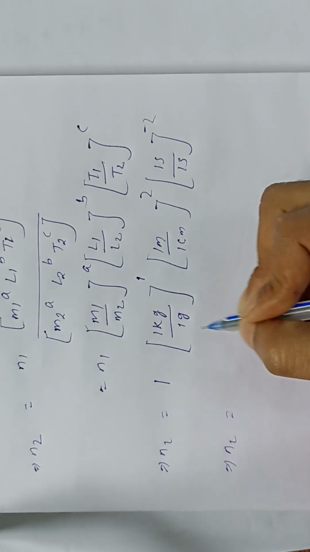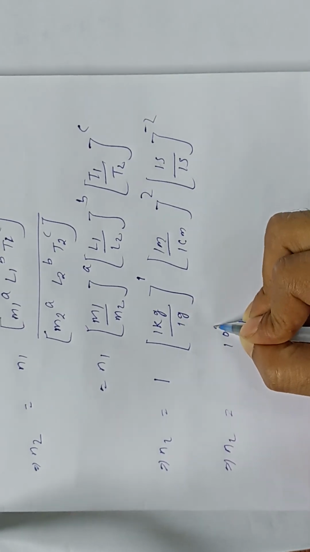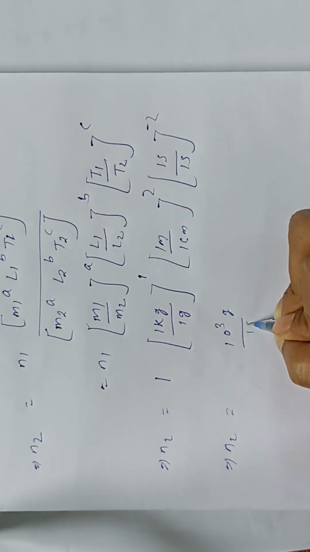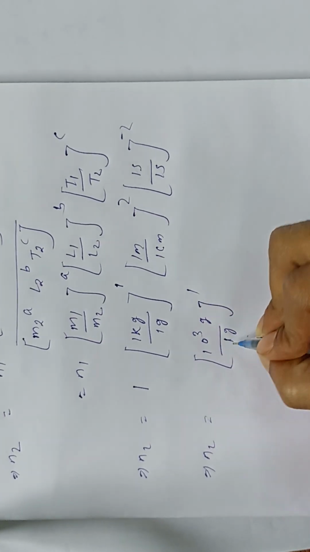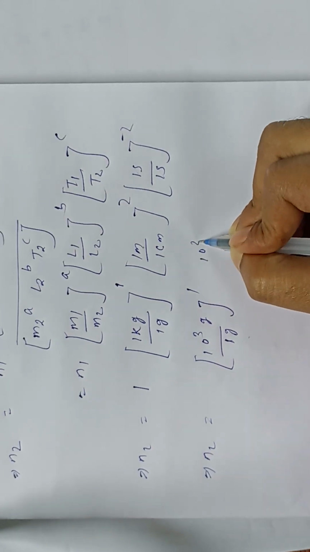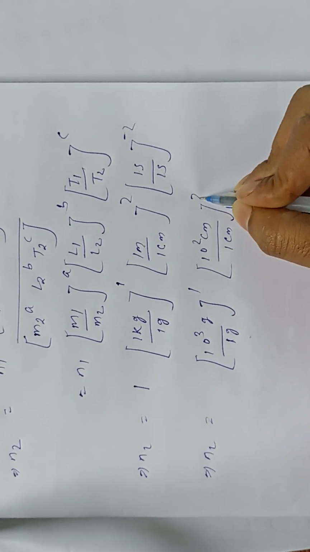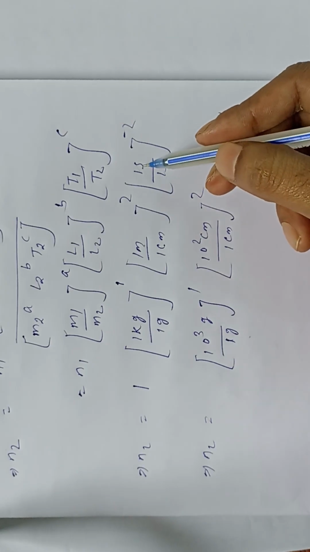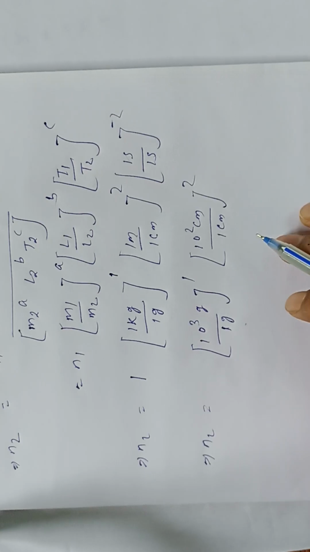So N2 equals: 1 kg equals 1000 gram, or 10^3 gram, by 1 gram. 1 meter equals 10^2 centimeter by 1 centimeter, squared. The second cancels, so 1 to the power minus 2 equals 1.